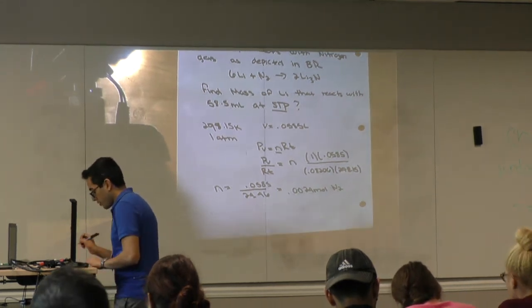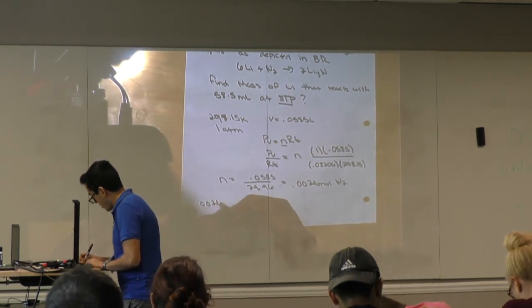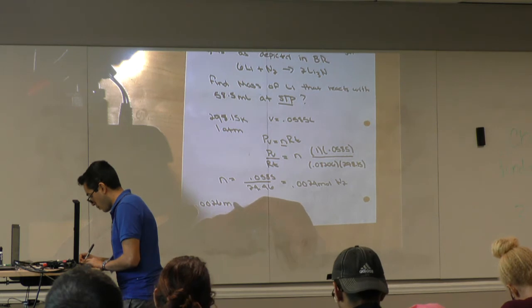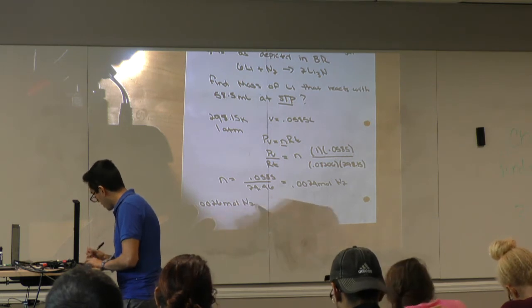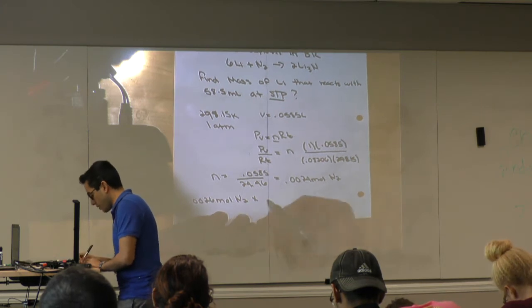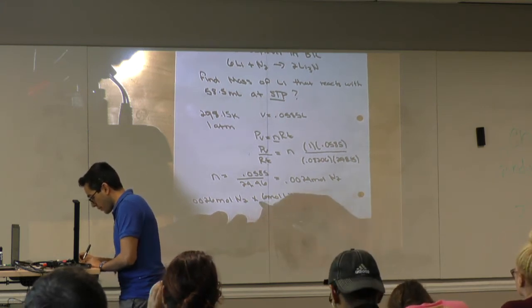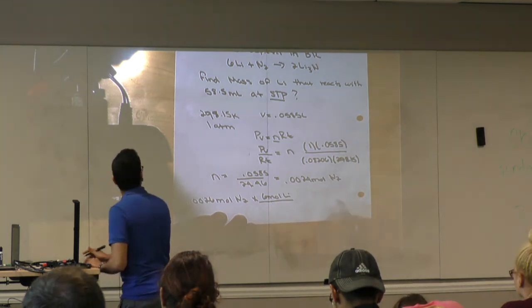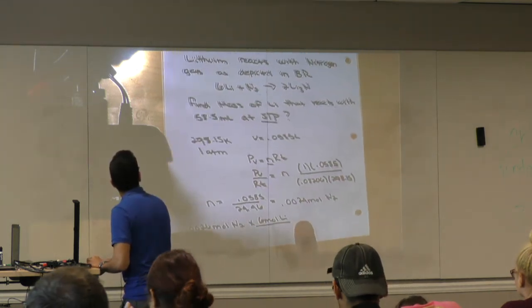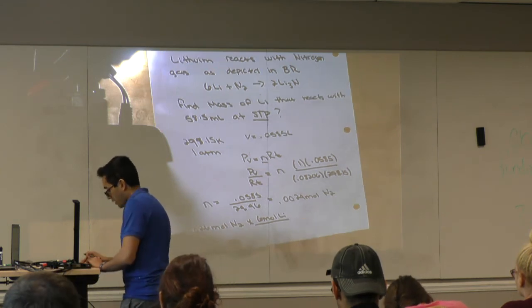And so now we just do the stoichiometry. We just say 0.0024 moles of N2 times the mole ratio going into lithium. Going back to our balanced equation, 6 moles of lithium are paired with 1 mole of nitrogen.